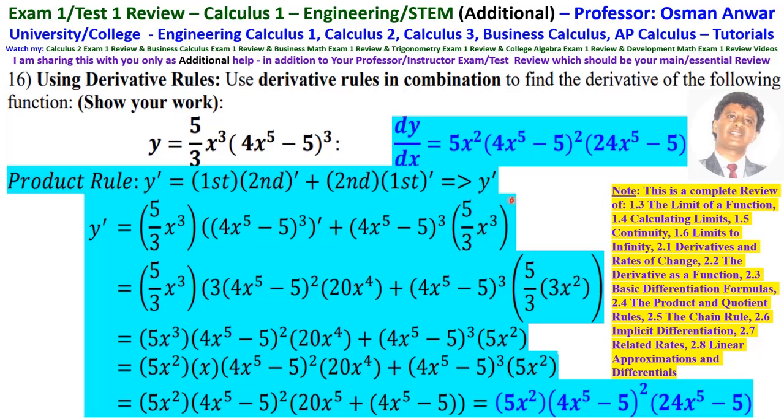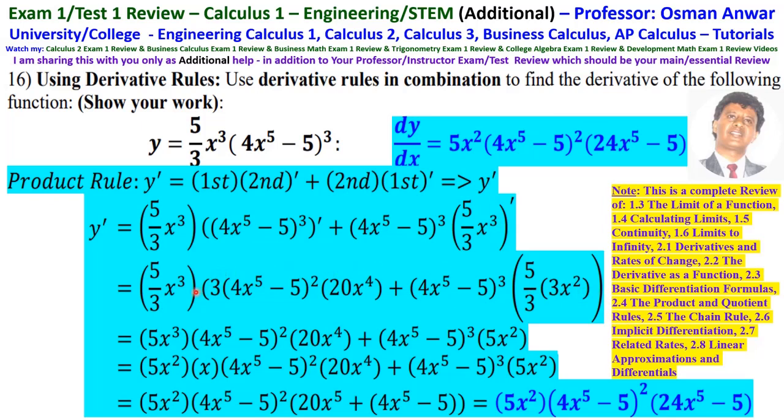So this is equal to 5 over 3x cubed, and the derivative of this is (4x to the 5 minus 5) squared times the derivative of the inside, which is 20x to the 4, and that's the chain rule, plus (4x to the 5 minus 5) to the third times the derivative of the first, which is 5 over 3x squared.